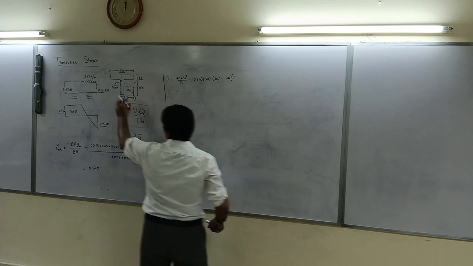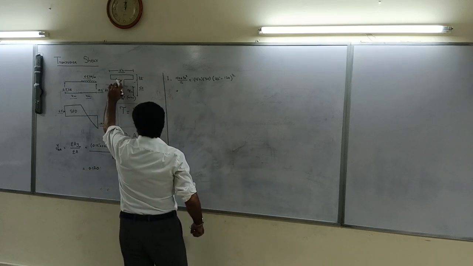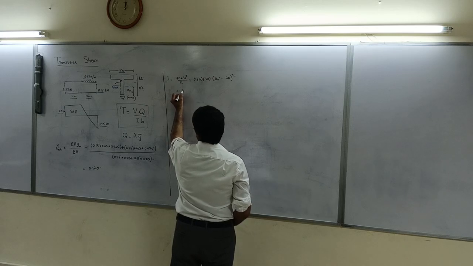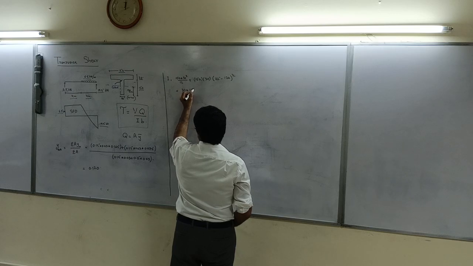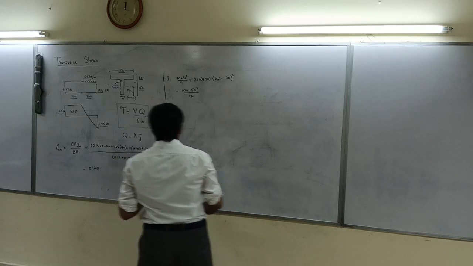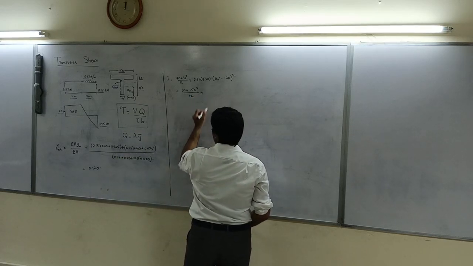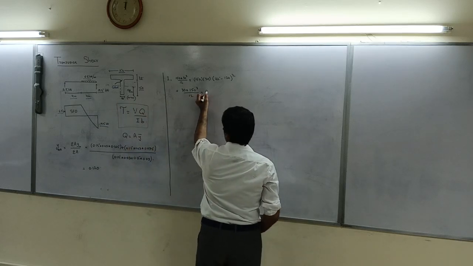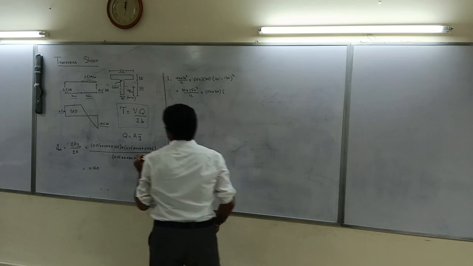Plus b h cubed by 12 for this one, 30 into 150 cubed by 12, plus area 150 into 30 times d z squared.